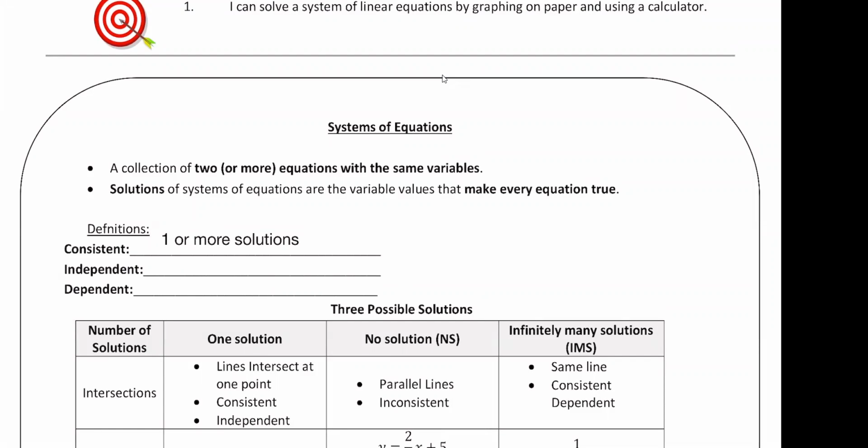Independent is exactly one solution. And then dependent is where you have infinitely many solutions. And what does that look like with lines? That means basically they're the same line, so they overlap everywhere because they're the same exact line.